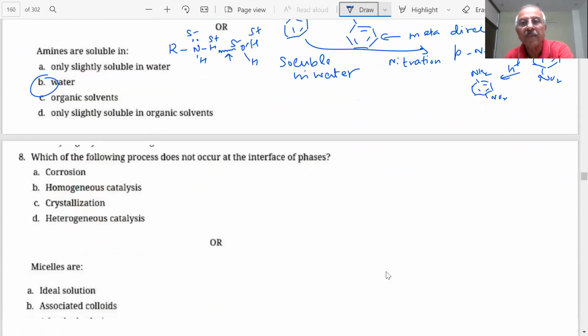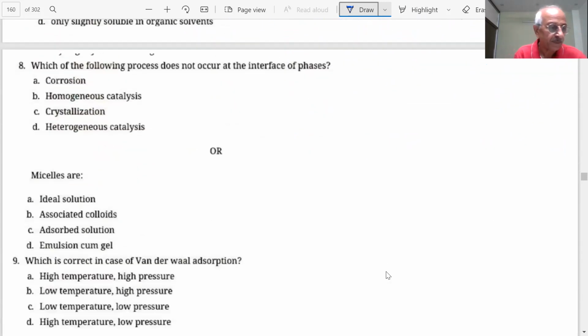Next question. Next question, student. Which of the following processes does not occur at the interface of the phases? In surface chemistry, student, you have been told that the surface is an interface. At the interface it is happening, a surface phenomenon.